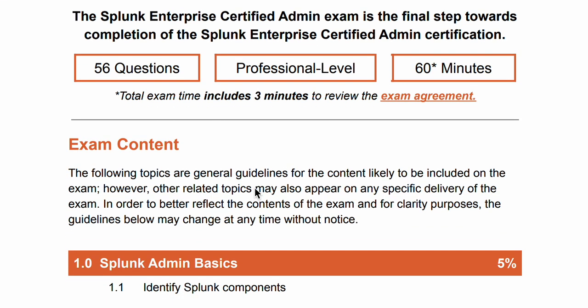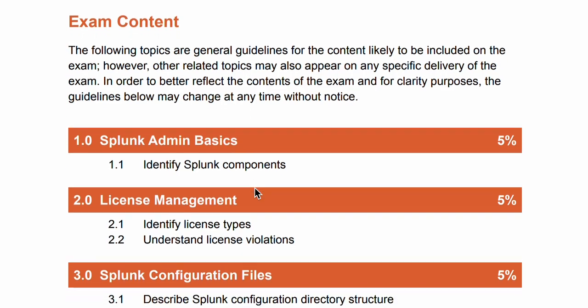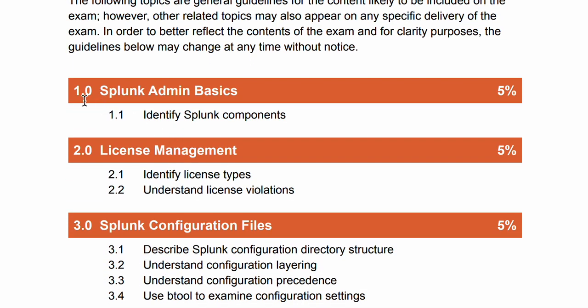So what all does it include? You can see the topics and the percentage of questions coming for each particular topic in the exam. The first topic is Splunk admin basics, where it covers identifying the components.